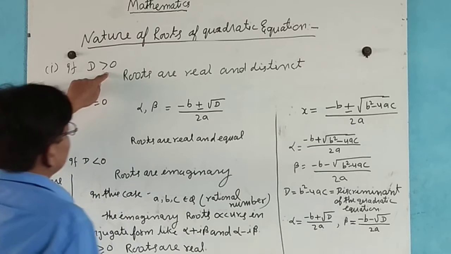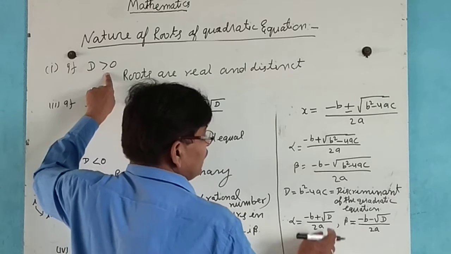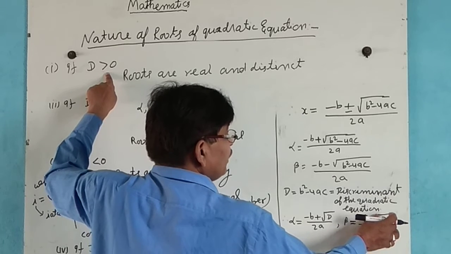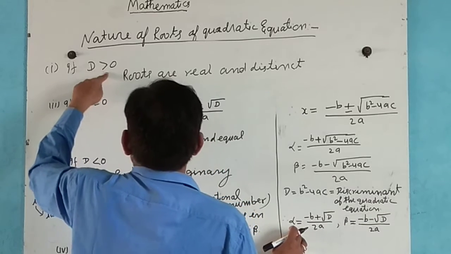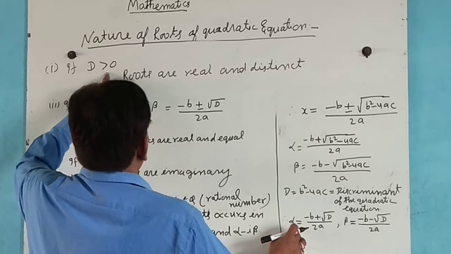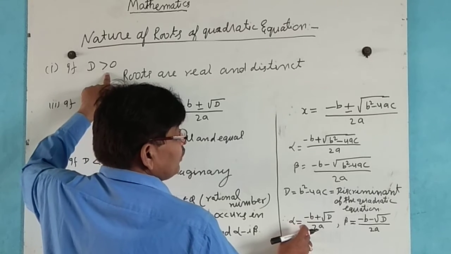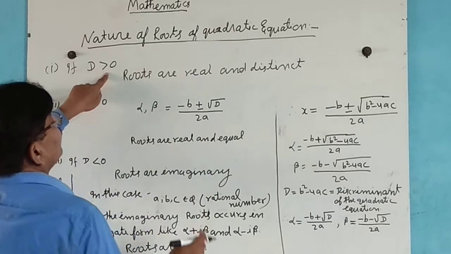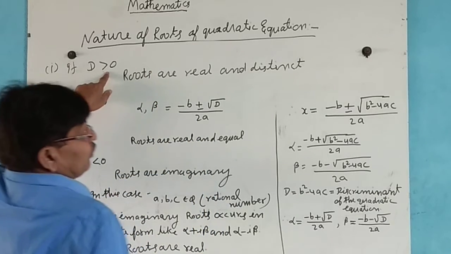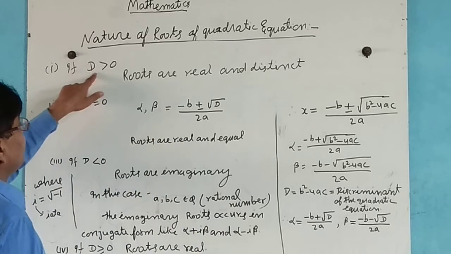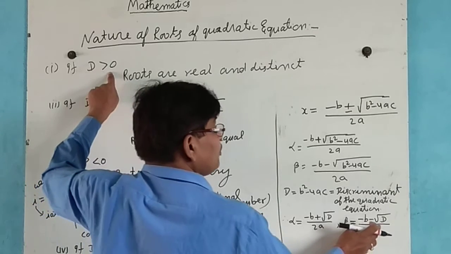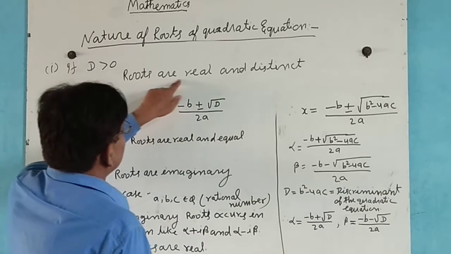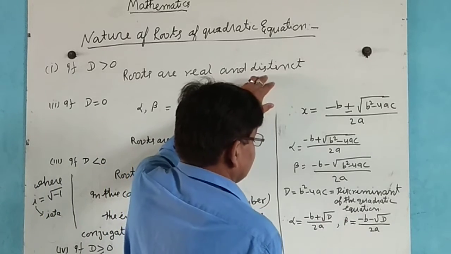If d equal to 0, put d equal to 0, this quantity is removed, alpha equal to minus b by 2a. Now if d greater than 0, in this case, roots are real and distinct.